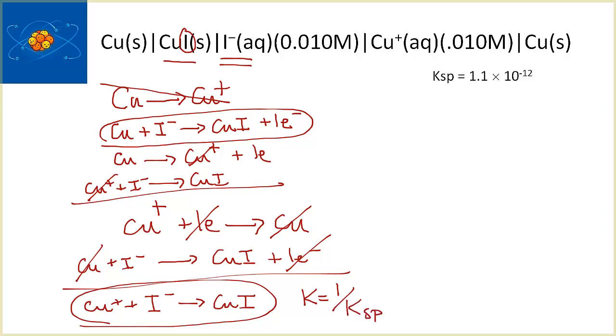So if I want to calculate the standard cell potential for a precipitation reaction, I go back to the equilibrium equation for the Nernst equation and just say E0 cell is equal to minus RT over nF natural log of, I'm sorry, that's plus RT over nF natural log of K. And in this case, K is 1 over KSP.